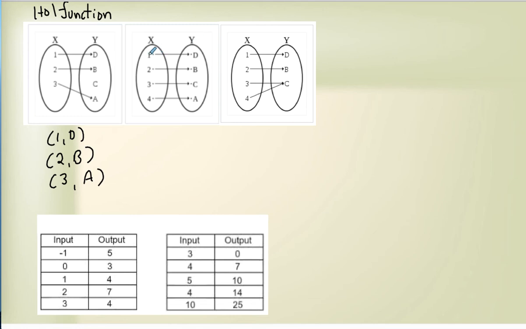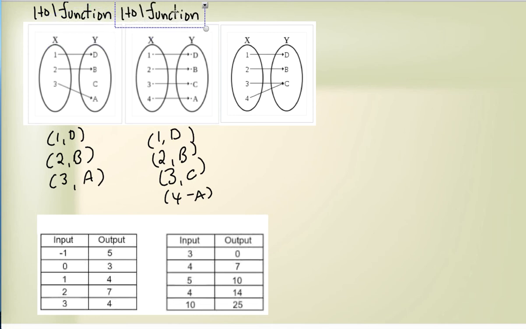How about here? 1 goes with D, 2 goes with B, 3 goes with C, and 4 goes with A. So if I were to do that, I've got no x's repeating, no y's repeating, so this too is a one-to-one function.